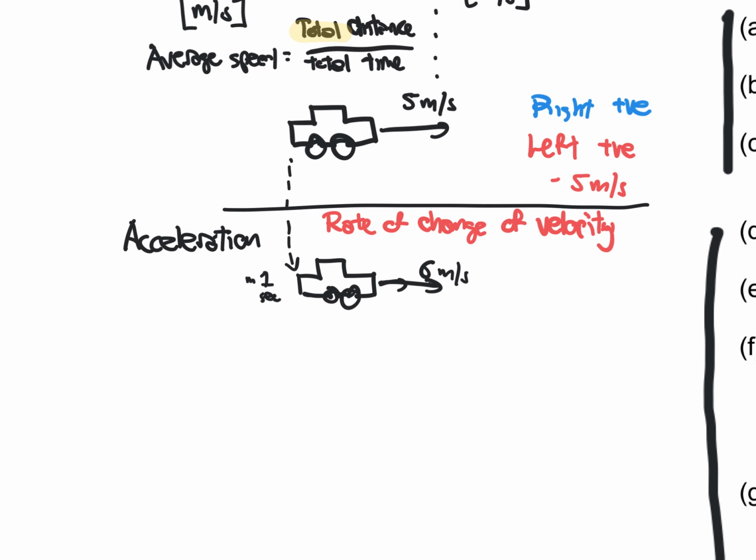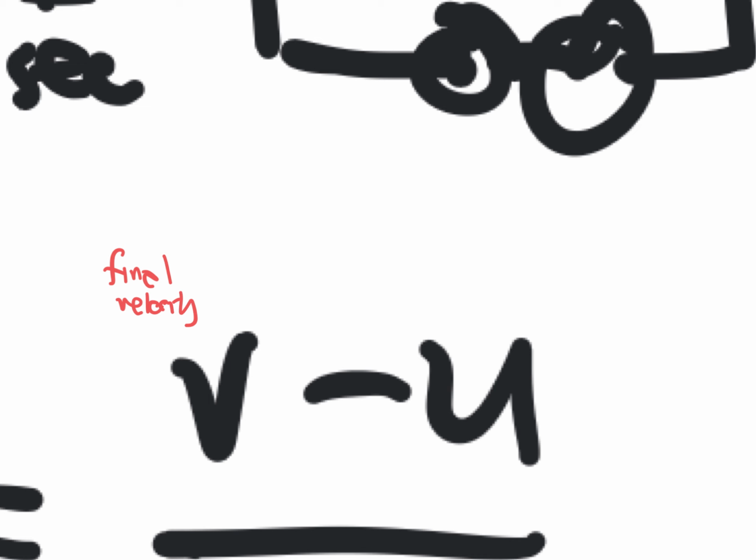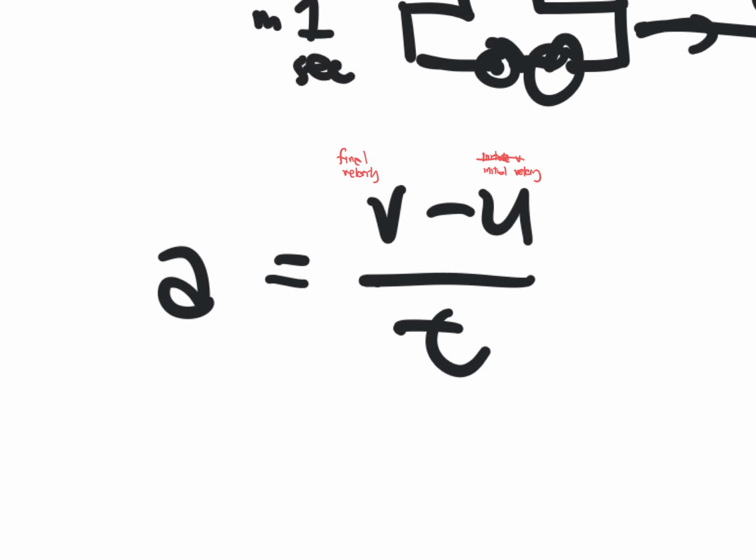So let's try to use a formula. If it's how the velocity is changing for every 1 second, the formula then be acceleration is equal to v minus u over t, where my v represents my final velocity or at the very end, and my u represents my initial velocity, right?